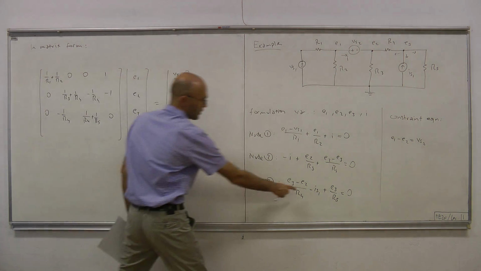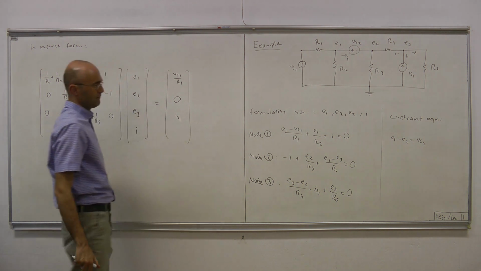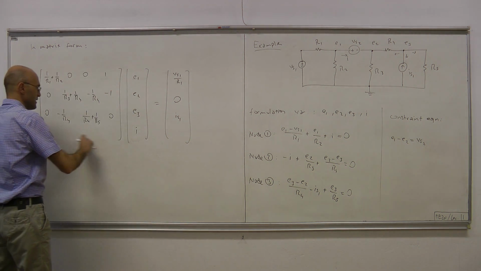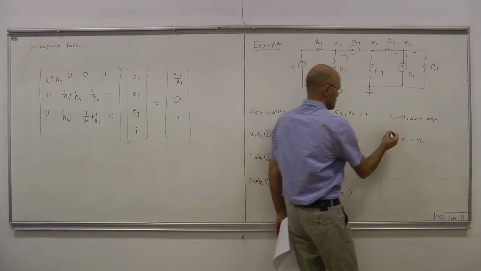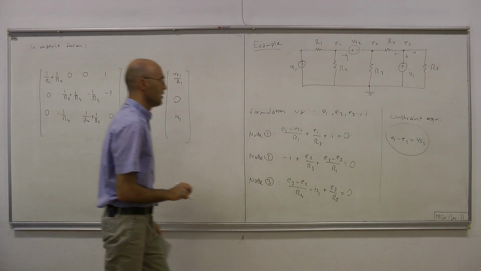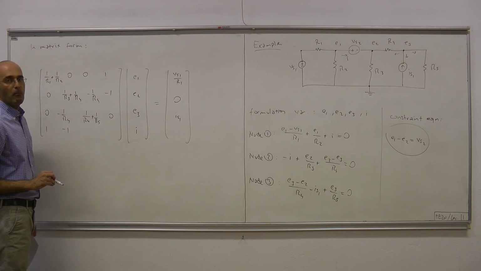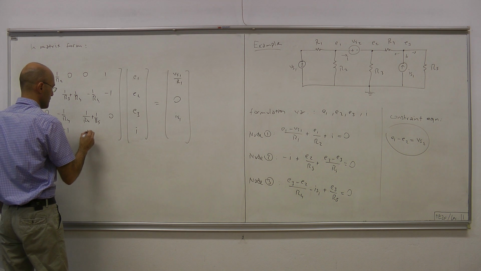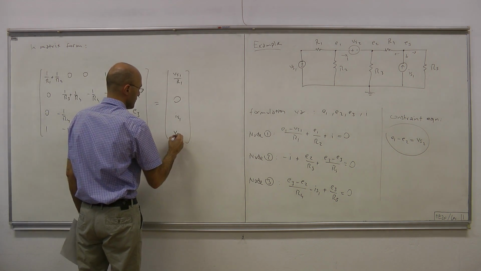And finally, we throw this known to the other side, so it's IS1 as well. And the last row is reserved for the constraint equation. For E1, we have 1. For E2, we have minus 1. And for E3 and I, we have 0. And the right hand side is ES2.